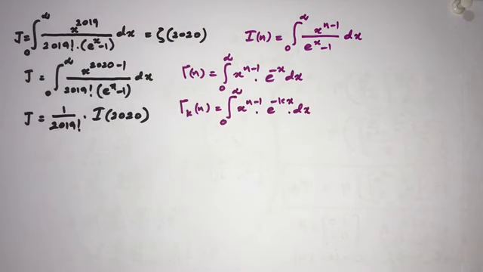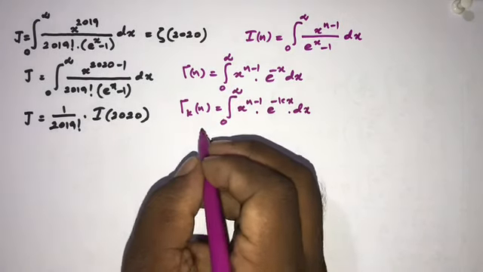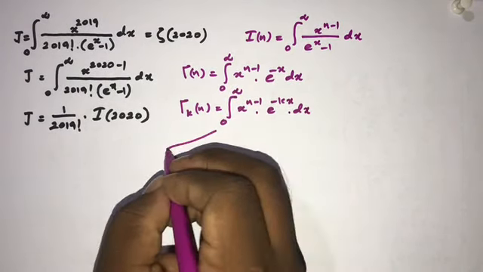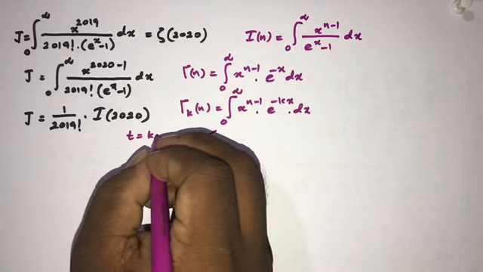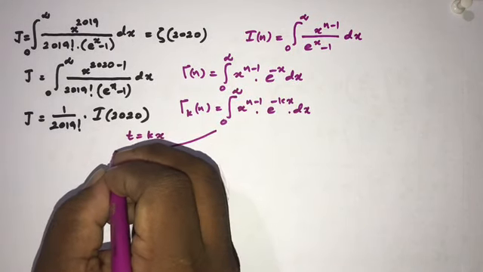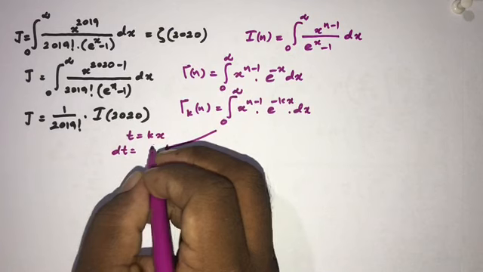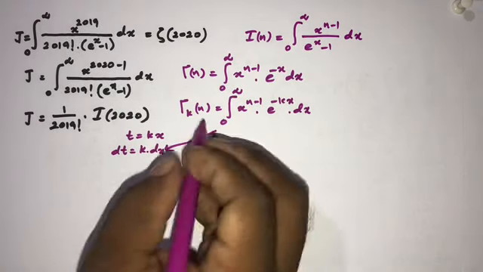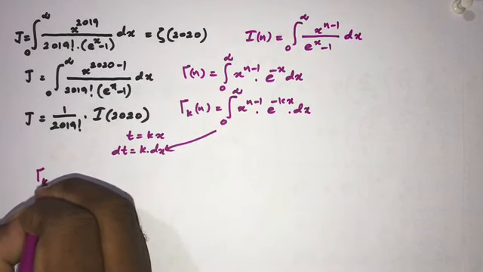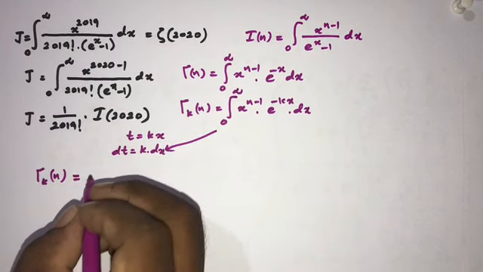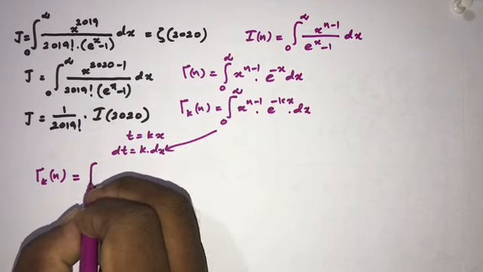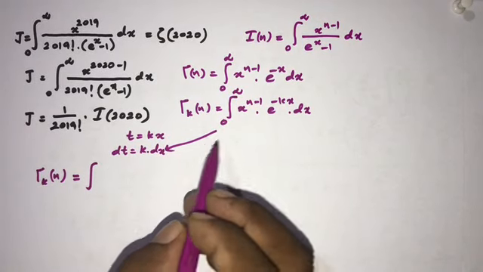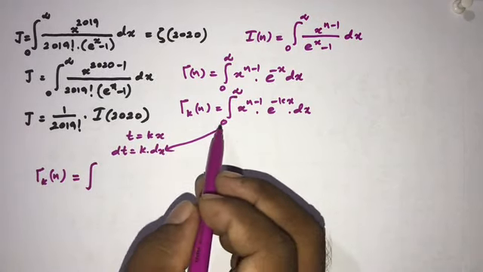Now I'm going to use the substitution method. For this integral, I take t is equal to k times x. Now differentiate, so dt is equal to k times dx. And now we can write gamma k of n, with the limits of t still 0 to infinity.